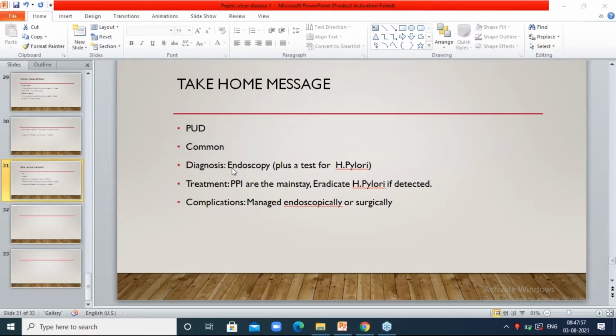We can take those from the greater curve side: one biopsy from the body and one from the antrum on the greater curve, and one from the incisura on the lesser curve, just to maximize our yield by including as many sites as possible.